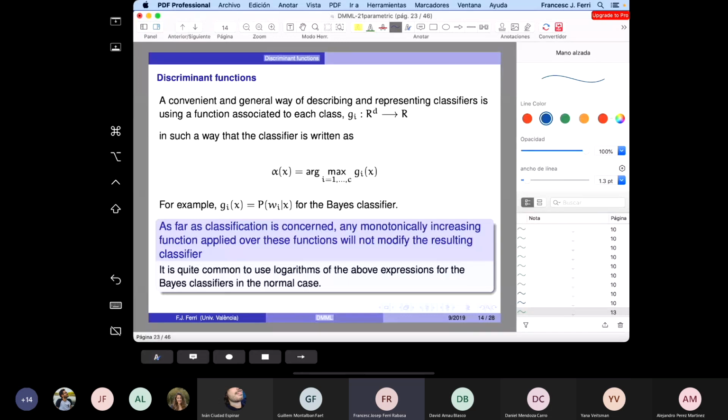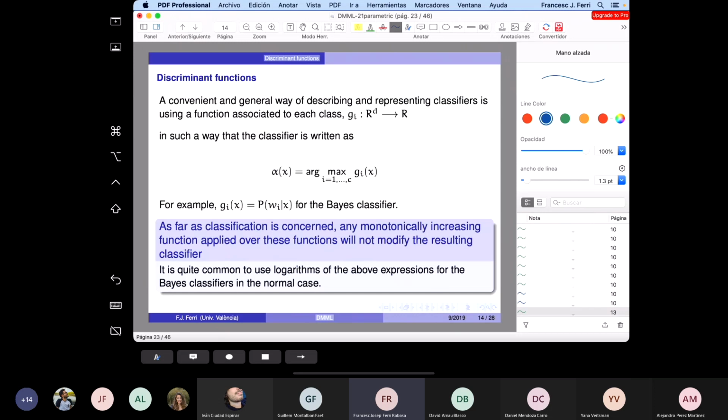For these classifiers, and in other more general cases, we will define a way to represent a large number of different classifiers. This common formalism is what we call discriminant functions, which is the following.